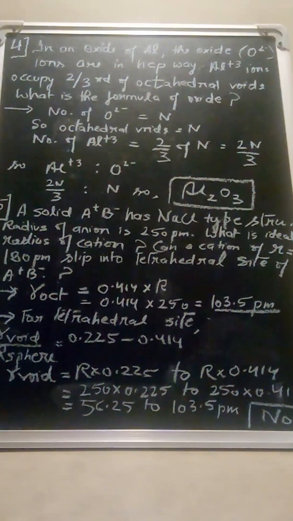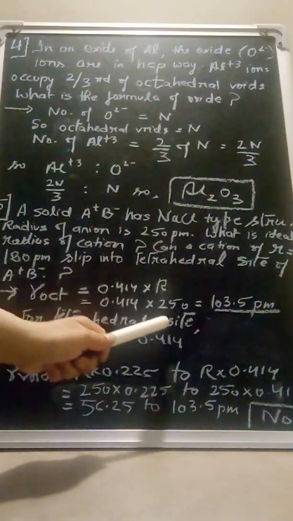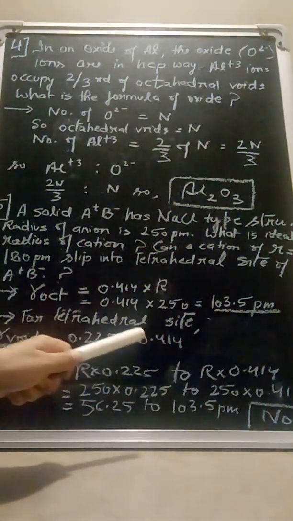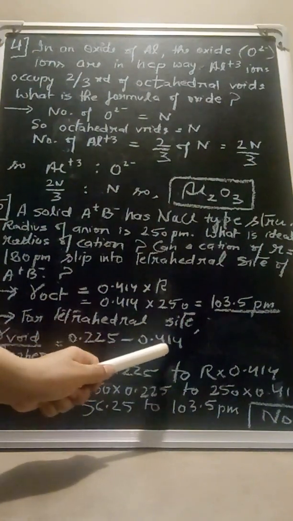If we want to know whether this cation can get into the tetrahedral void, we should first know the radius of the tetrahedral void, right? Then only we will be able to understand whether the cation of this size can enter the tetrahedral void. Now for a tetrahedral site, you know that the ratio of the radius of void to the radius of sphere should be in the limit 0.225 to 0.414.